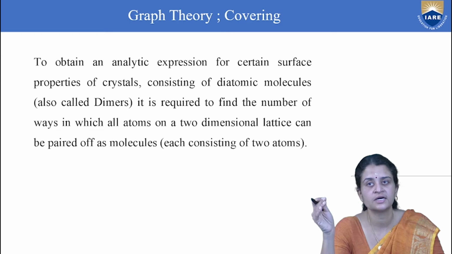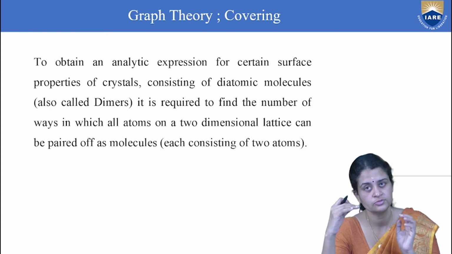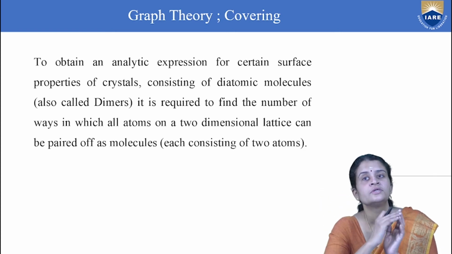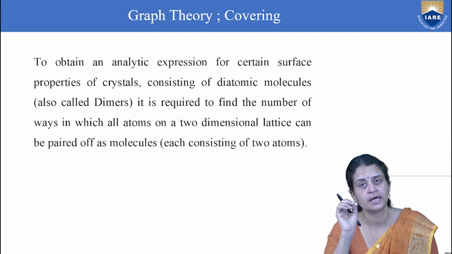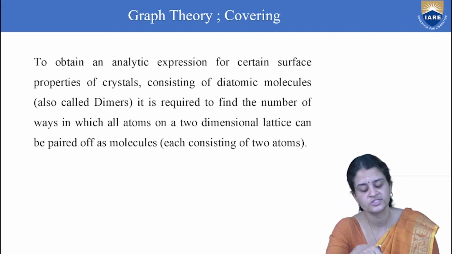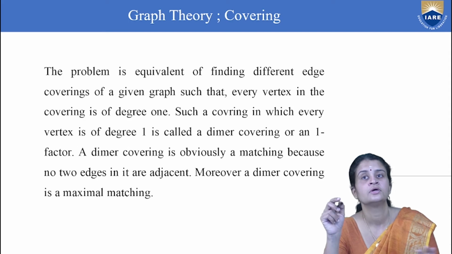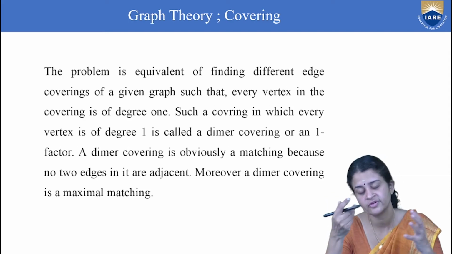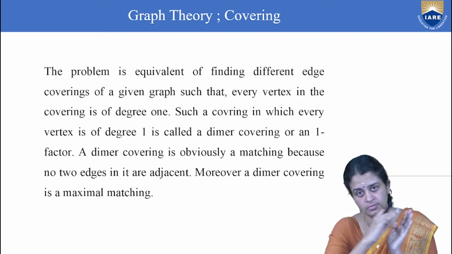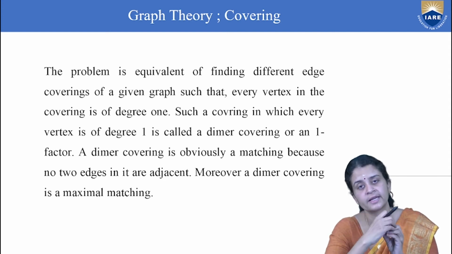To obtain certain analytic expressions containing certain properties of these crystals, that is, containing diatomic molecules called dimers, it is required to find in which way all the atoms of this 2-dimensional lattice can be paired off as molecules, each consisting of 2 atoms. The problem is to find the relation between these 2 vertices, that is, 2 different atoms, and how they are related.